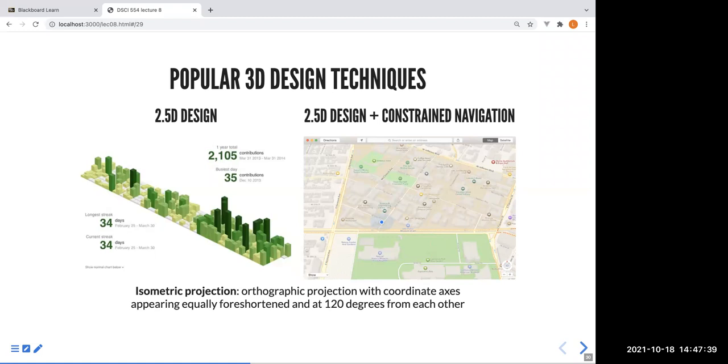So in this particular case, you see that they've color coded also the data based on the height to alleviate a little bit the occlusion problem. And their data is, you know, in terms of occlusions, it doesn't seem to be impacting really the understanding of the data in this particular case.